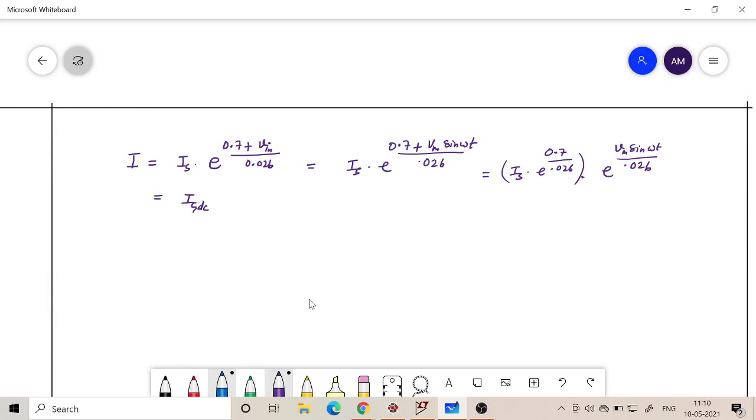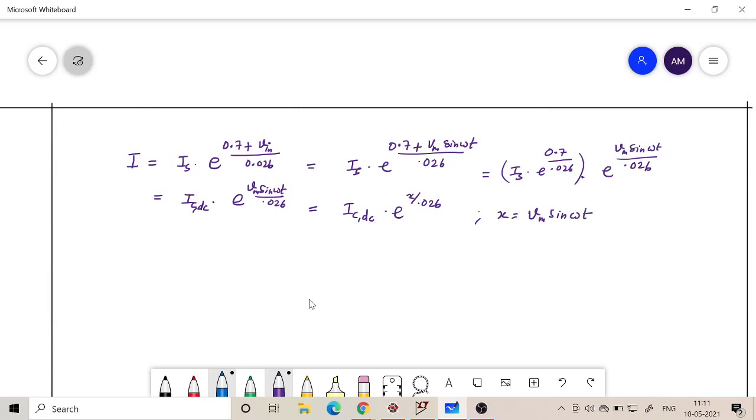ICDC, that means collector current, DC collector current, multiplied by e raised to Vm sine omega t by 0.026. Now this is obviously going to be a very complicated expression, but if we use the expansion of exponential, you can treat it like ICDC into e raised to x by 0.026, where I have taken x as Vm sine omega t.